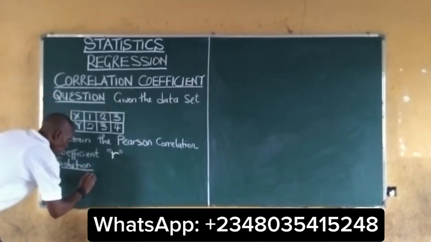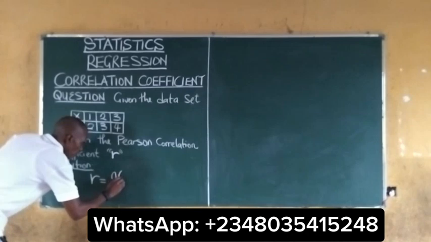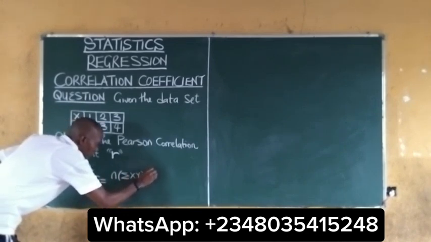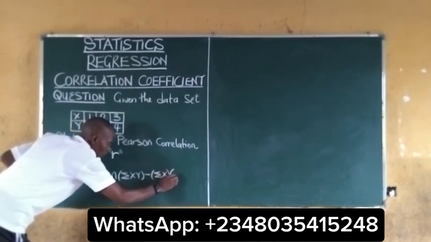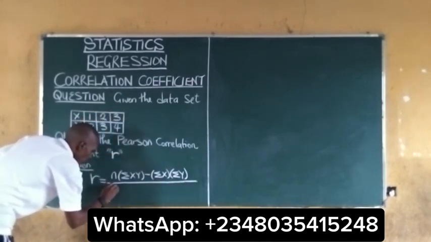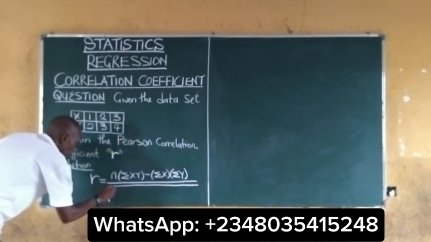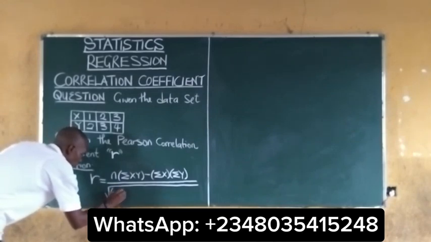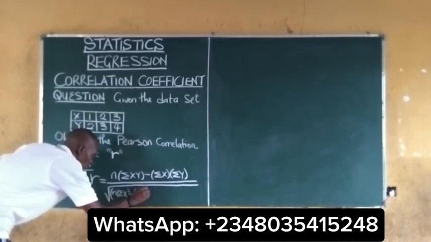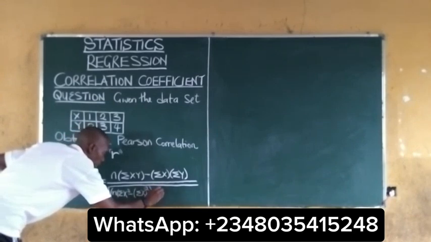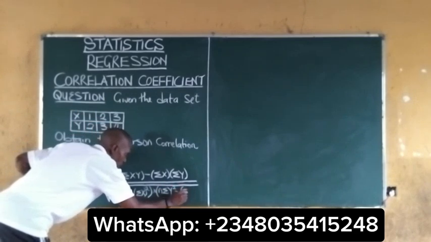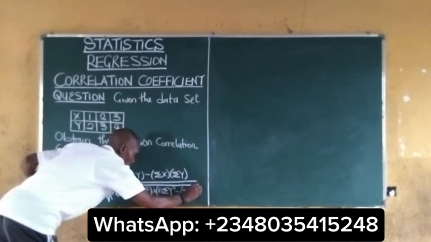We should recall that the Pearson correlation coefficient R is equal to n multiplied by summation of xy minus summation of x multiplied by summation of y, all over the square root of, we now write, n multiplied by summation of x squared minus summation of x all squared in brackets, multiplied by n summation of y squared minus, in brackets, summation of y all squared.